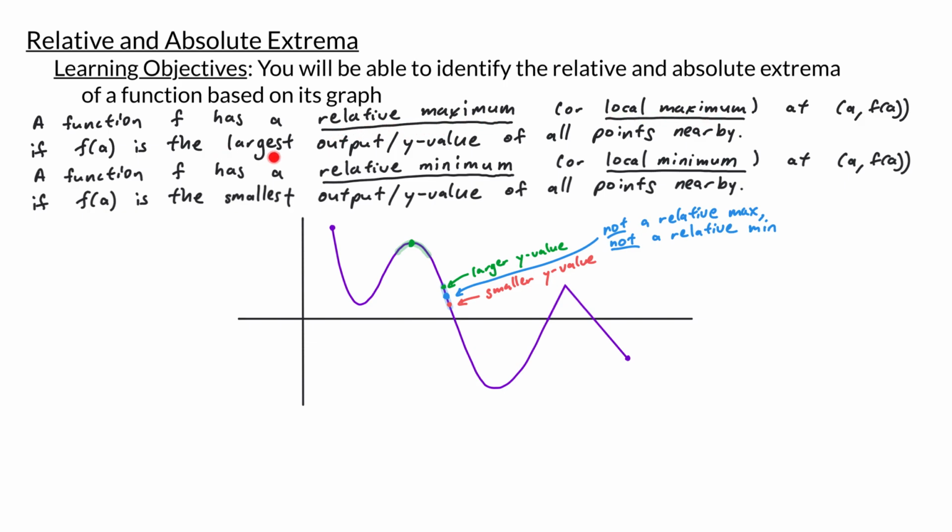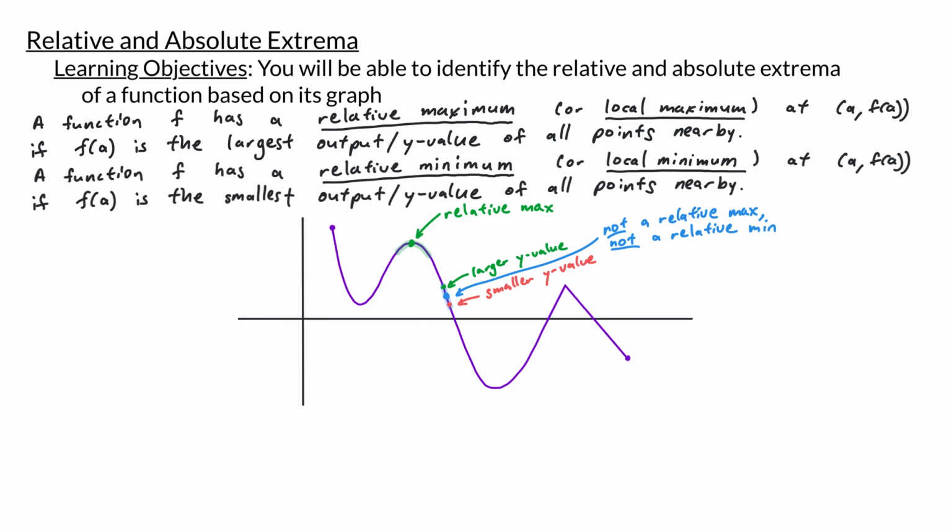Does it have the largest y value when we compare it to its nearby points? Well, just looking at this highlighted region, our point here does have the largest y value because it's the highest point when I'm just looking at this highlighted region. For that reason, we say that this point is a relative maximum or a local maximum.